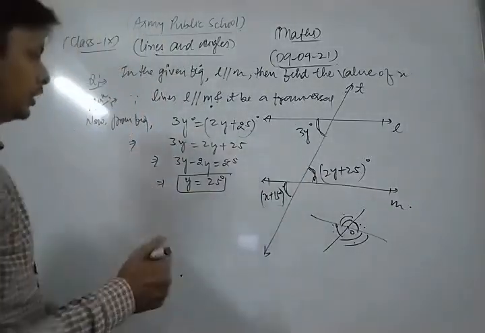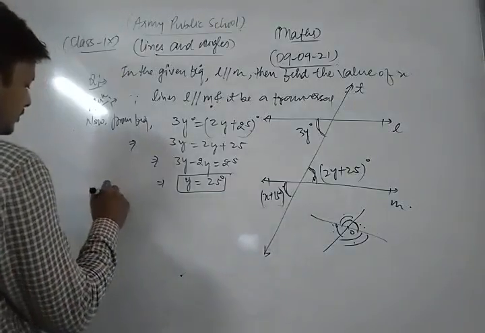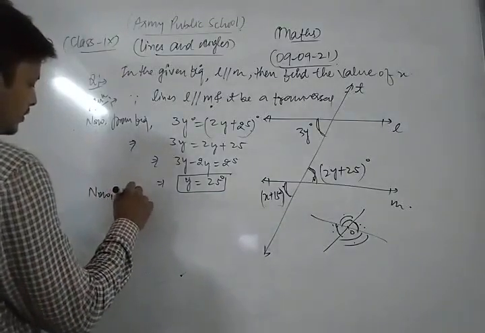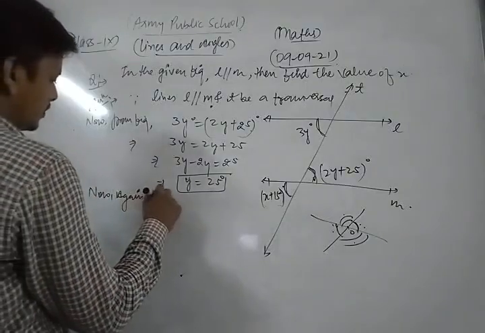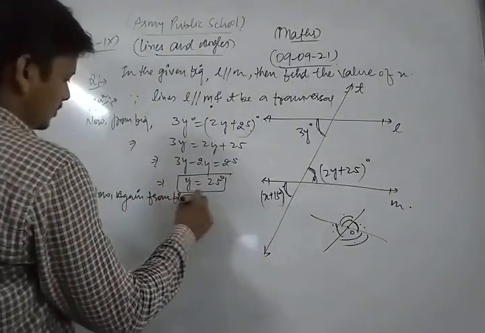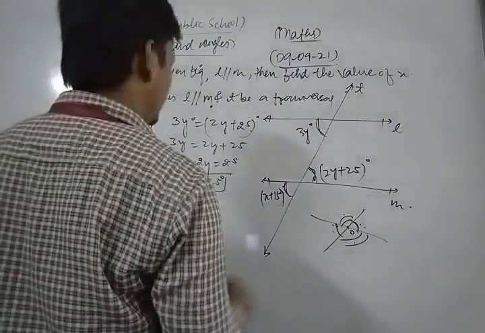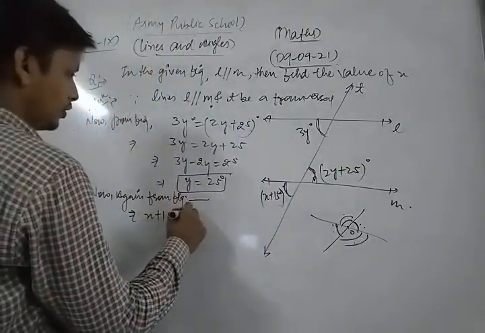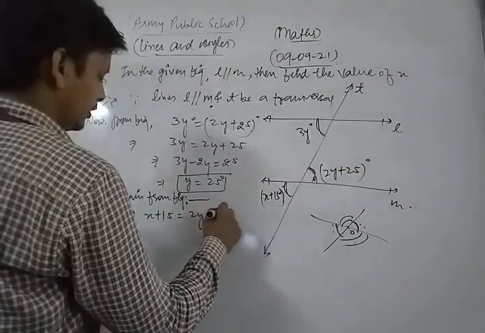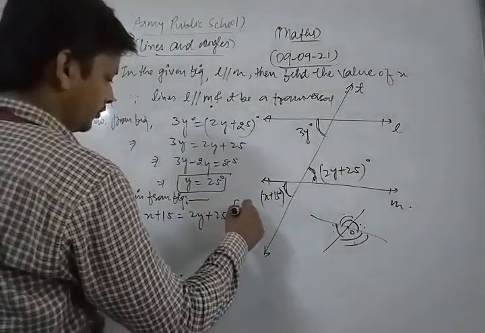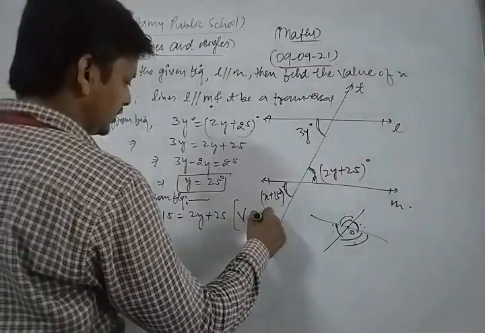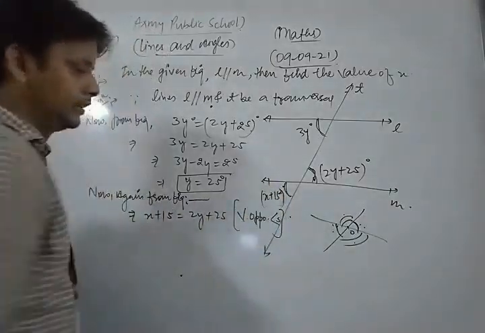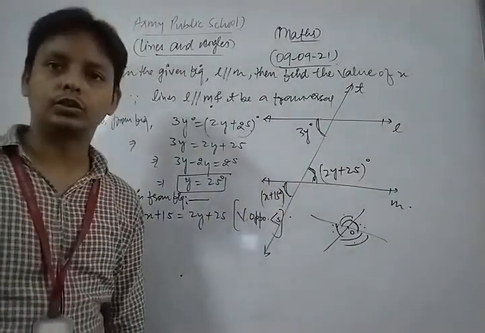So again from the figure, x plus 15 is equal to 2y plus 25, because these are vertically opposite angles.